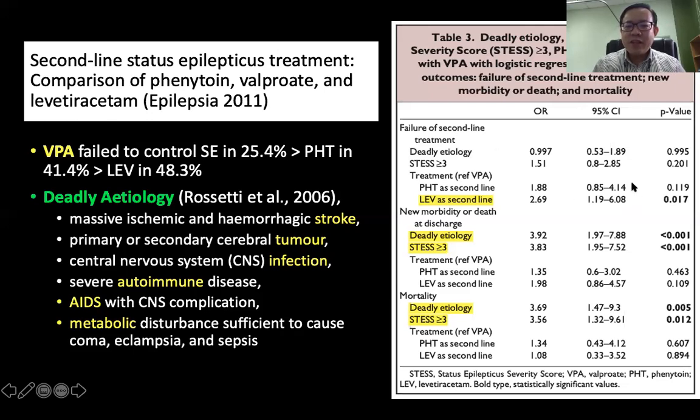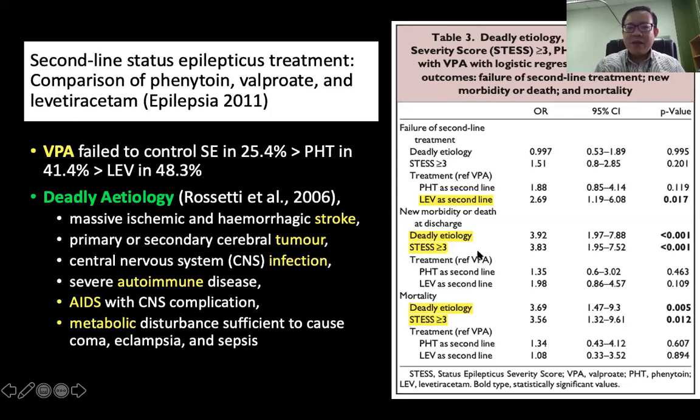One of the interesting things to see here is that epilim or valproic acid seems to be better than levetiracetam. For valproic acid, the failure rate is 25%, which means a 75% success rate. Phenytoin is 41%, which means success in 60%, and levetiracetam is 48%, which means success in 52%. So epilim or valproic acid seems to be better.